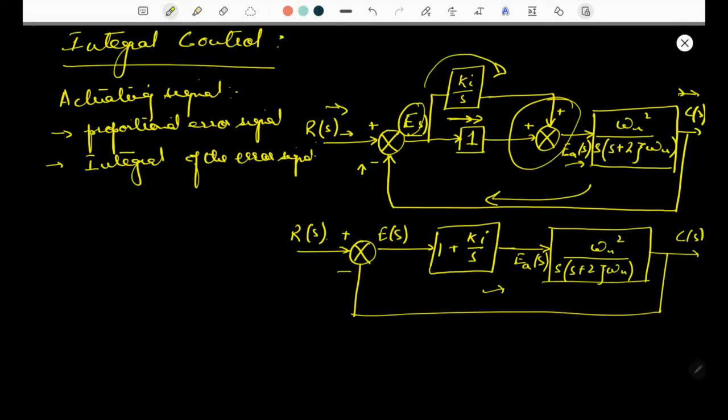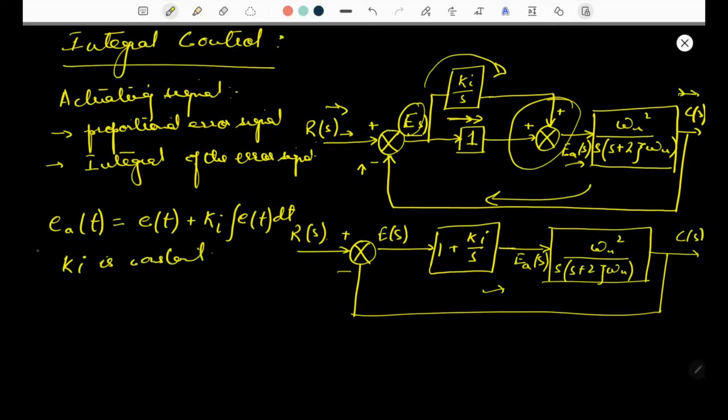So the actuating signal e_a(t) is given by the proportional error signal plus Ki integral of e(t) dt, where Ki, not Kt, is the coefficient of the integral error signal, and Ki is a constant.